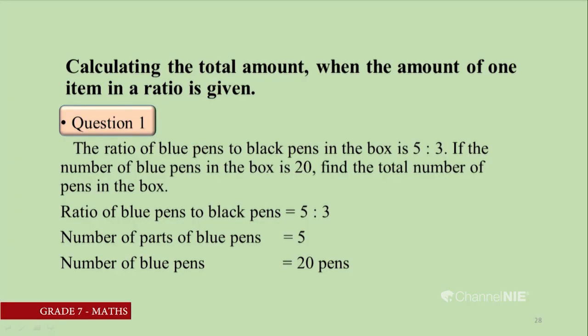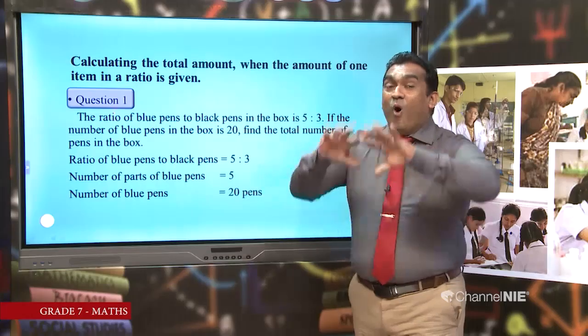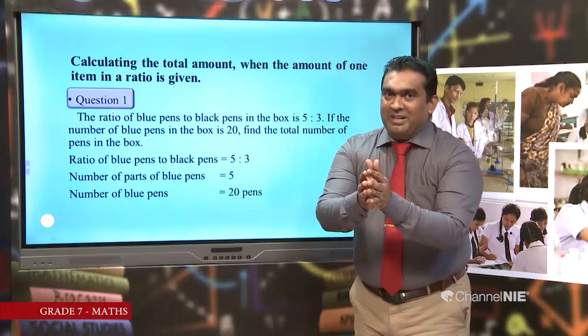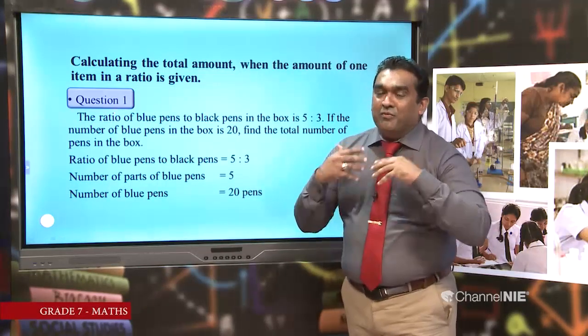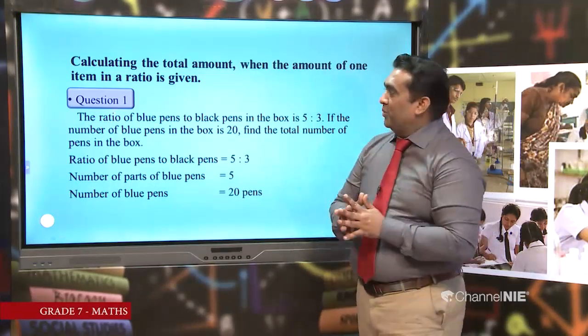Calculating the total amount when the amount of one item in a ratio is given. Now we want to find out the total amount. According to our previous situation, we considered the whole amount. Now we don't have the whole amount. We have to find it. How to do?